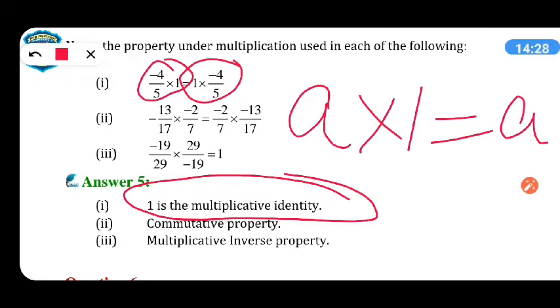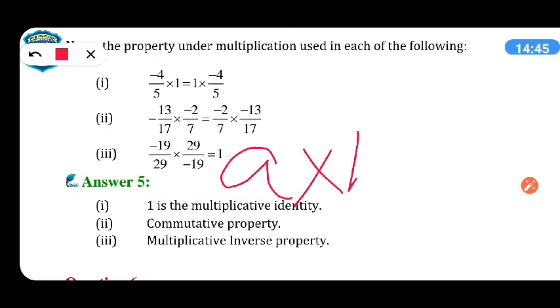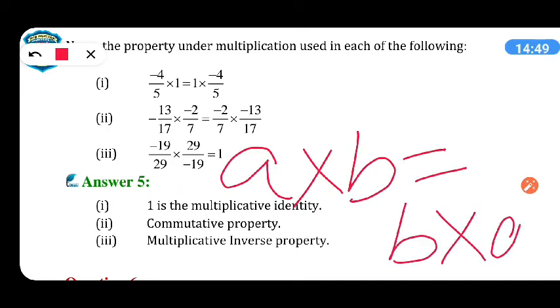Right? Second part. See, the second part is minus 13 upon 17 multiply minus 2 upon 7 equal to minus 2 upon 7 multiply minus 13 upon 17. See, this is similar to a multiplied by b is equal to b multiplied by a.